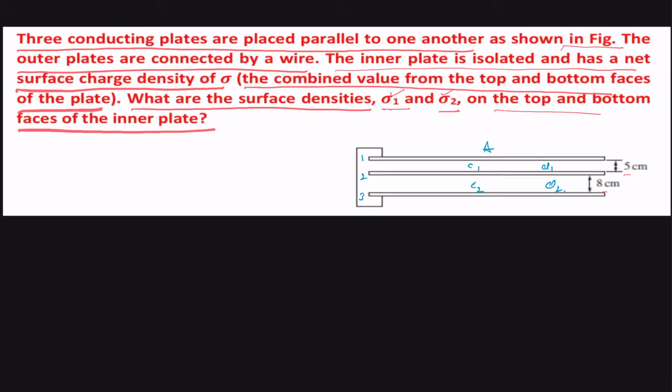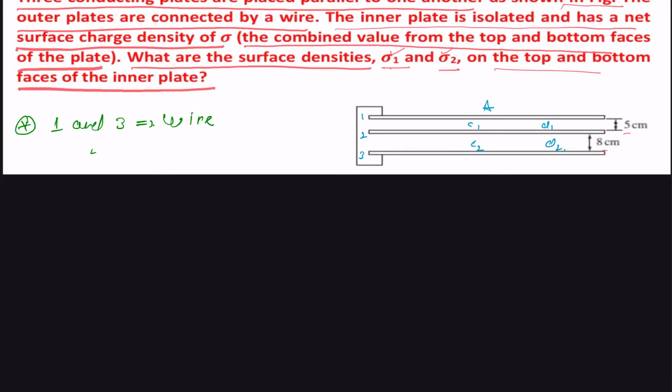Therefore let's start from the potential part only. So 1 and 3 are connected with the help of the wire, and therefore they are going to have the same potential.